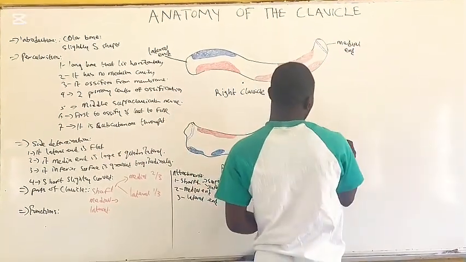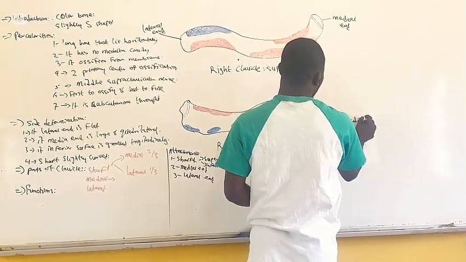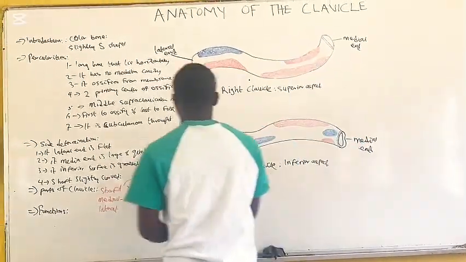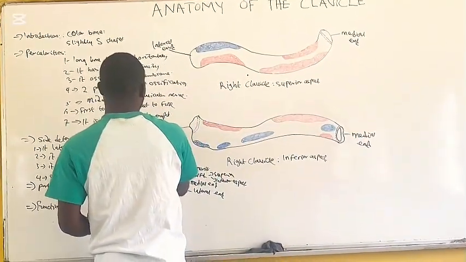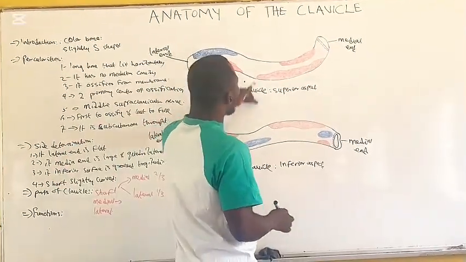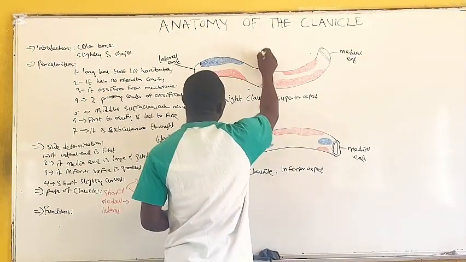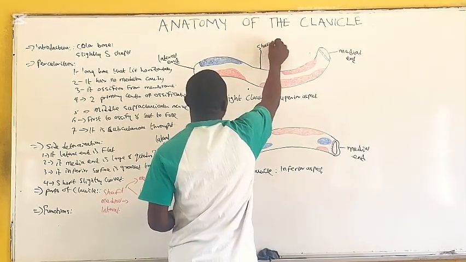Also here, this is the medial end and the lateral end. This is the superior aspect and this is the inferior aspect. The entire extent here is the shaft.